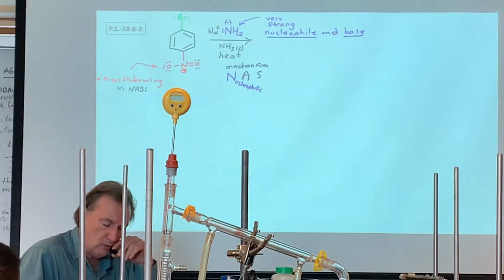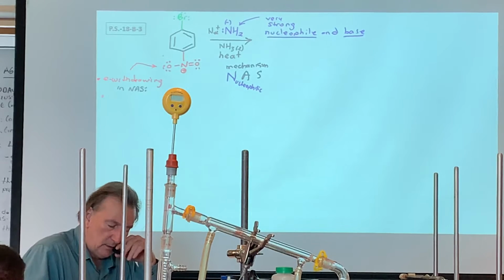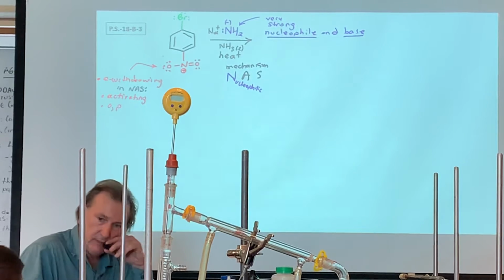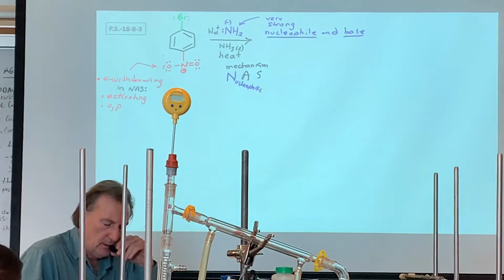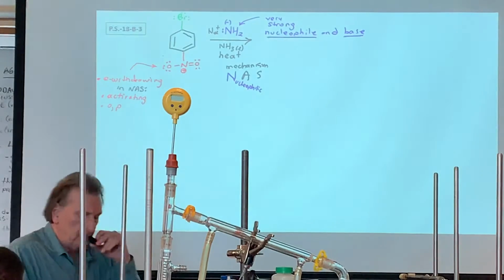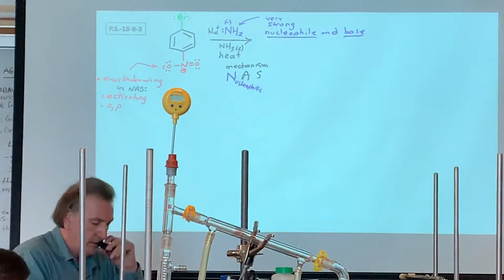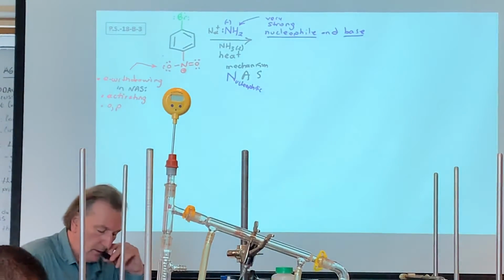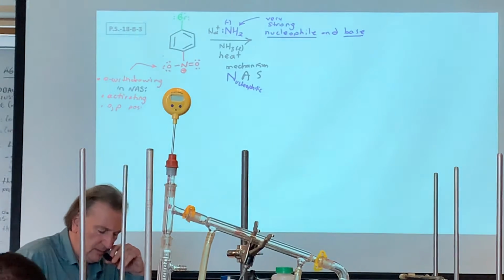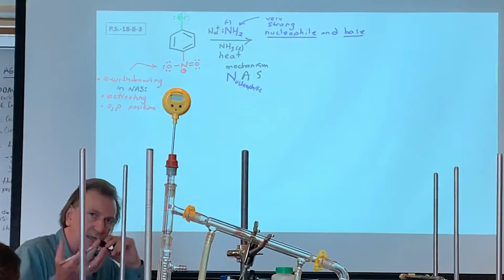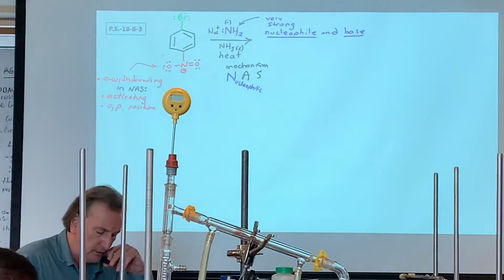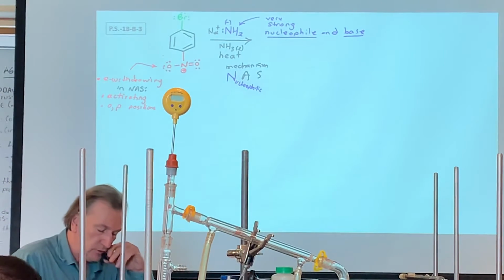This electron withdrawing group will be activating or deactivating? Yeah, it will be activating which positions? The ortho and the para positions, right? So it's activating the ortho and para positions. I mean, you can say directing, but there is no issue here because it's already a leaving group there. So you can use the word directing or activating the ortho para positions.